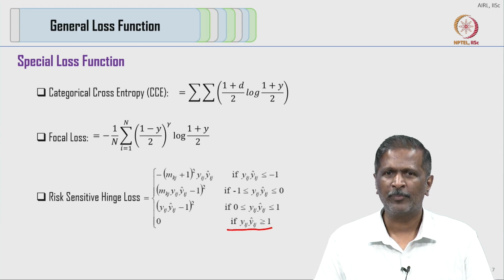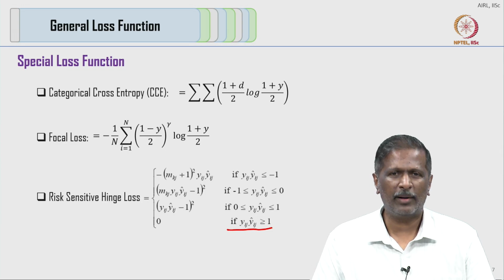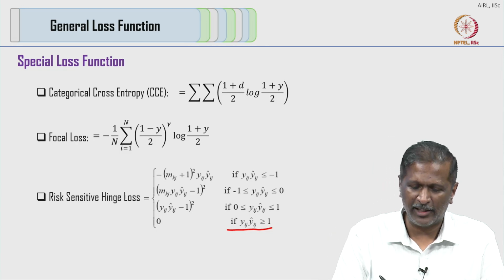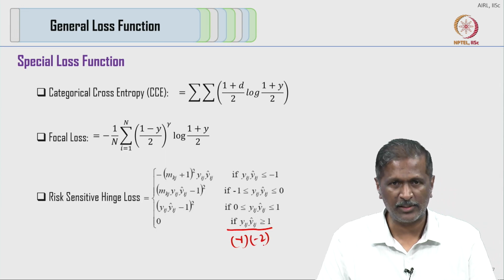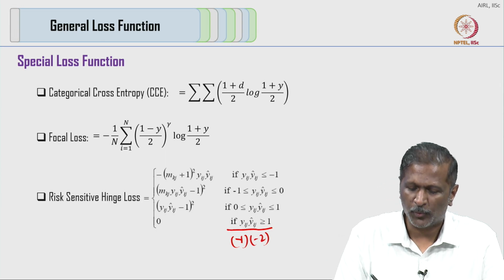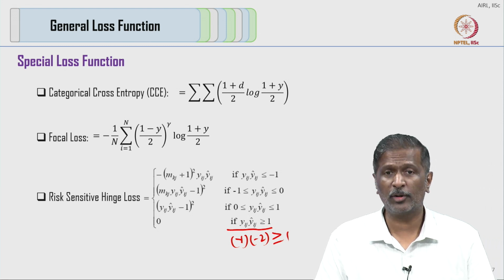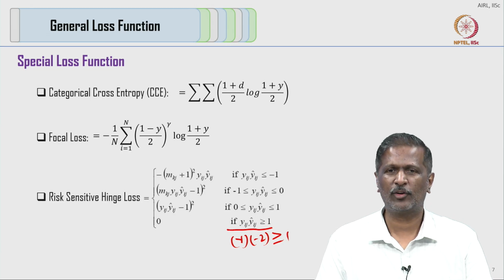Let's say I want this sample to not belong to apple, so I want -1. If you are saying -2, -1 times -2 is +2, which is greater than 1, so the loss is 0. I am not going to penalize if your class is correct but your confidence is more.